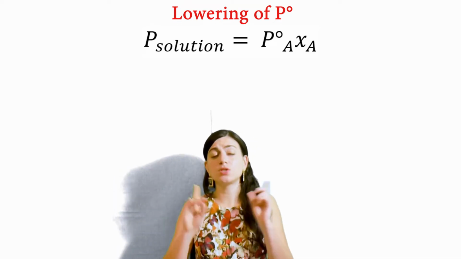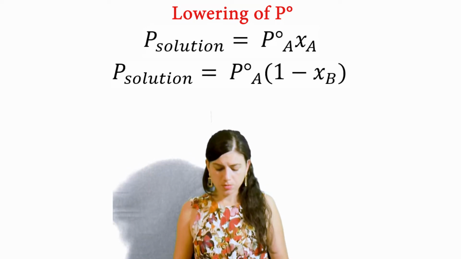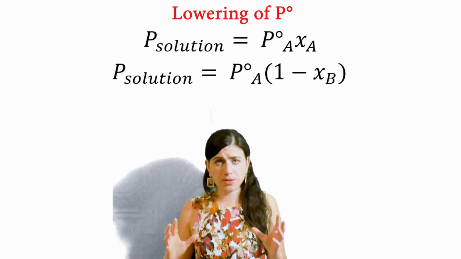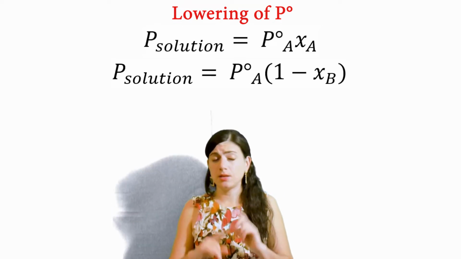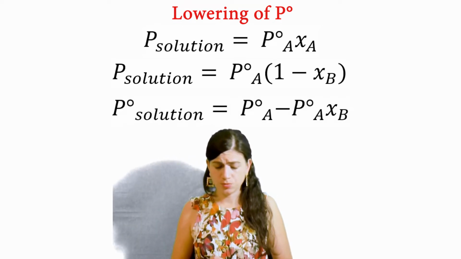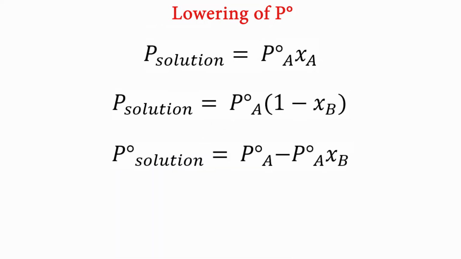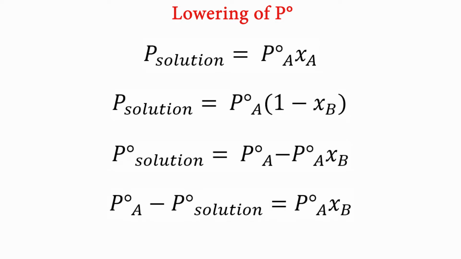So now we will have this new equation. If we multiply P0A with what is in the parentheses, we will get this new equation. After a rearrangement and a sign change, we get that the difference between the vapor pressure of the pure solvent A and the vapor pressure of our solution equals P0A times XB.